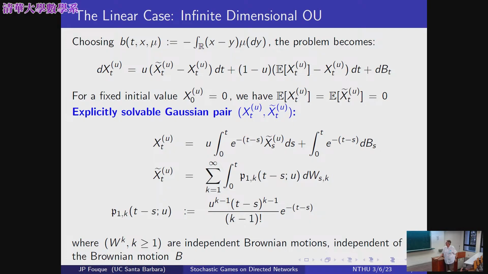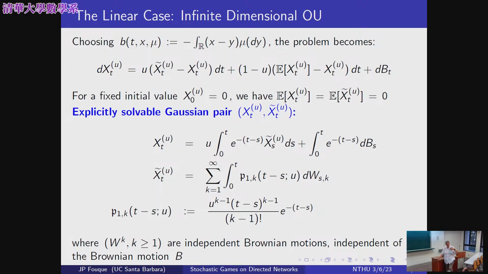Okay, so we can solve this explicitly. Everything is Gaussian. It may be infinite dimensional, but it's Gaussian, because the equation is linear. So the only thing you have to do is compute the mean, which we already did, and compute the variance. And actually, you can solve exactly. We can give a form of the solution. If you look at that, this is simply the solution of an OU process. But you have this guy in between, and this guy can be written as a function of an infinite number of Brownian motions.